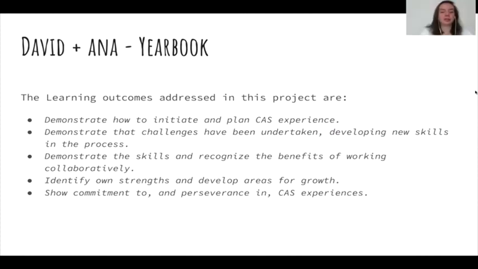Okay, so generally our outcomes, we work collaboratively. As I said, David and I shared our perspectives on the yearbook, and together we decided on many great ideas.